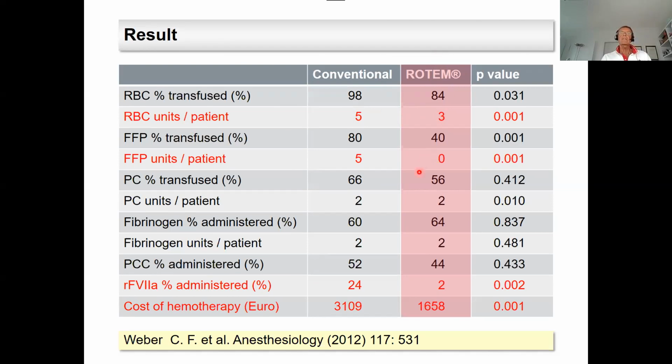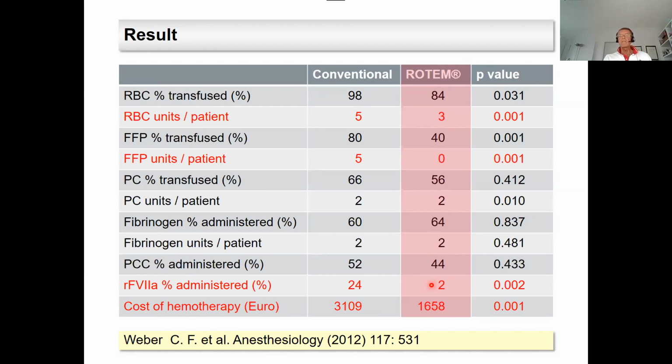Now, platelets were about the same, tended to be lower, or now was significant, but this is the median, and the distribution was such that this was statistically significant. Fibrinogen usage was the same, PCC also, and these goal-directed treated patients had much fewer of them receiving recombinant factor 7A.